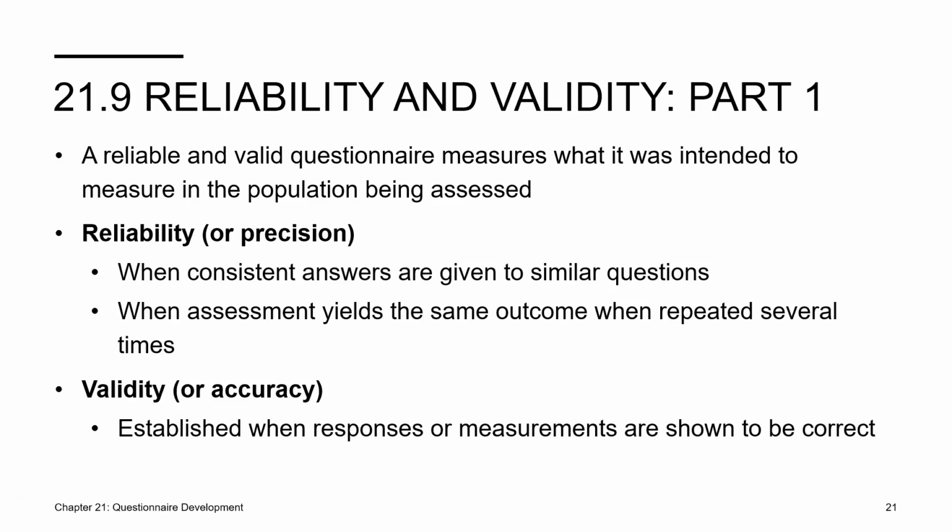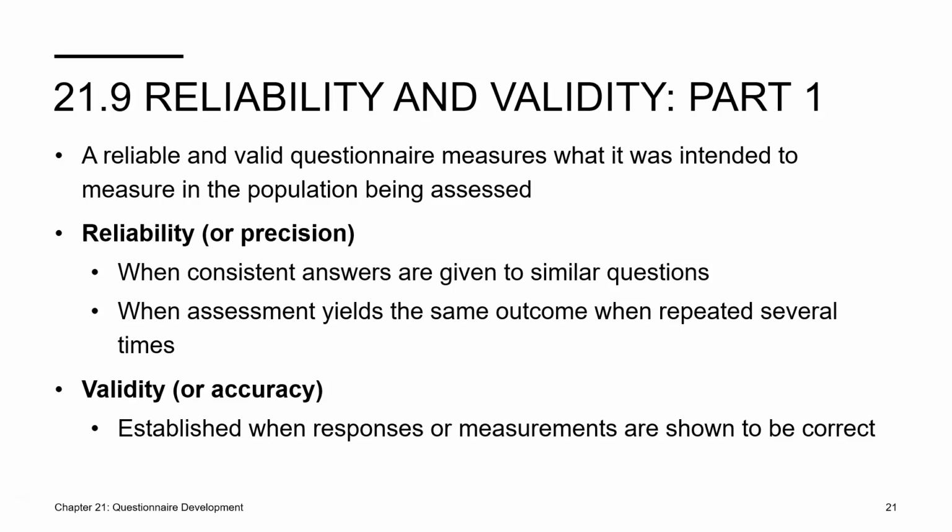So if you ask people 5 questions about their communication with their healthcare provider, you want it to be consistent. If you're trying to measure the same thing, then you want a very similar response to all the questions. And if you were to ask some of those questions multiple times, they should have the same outcome.